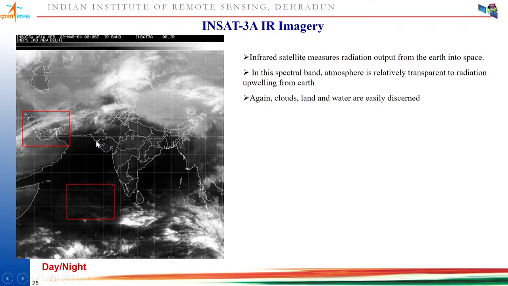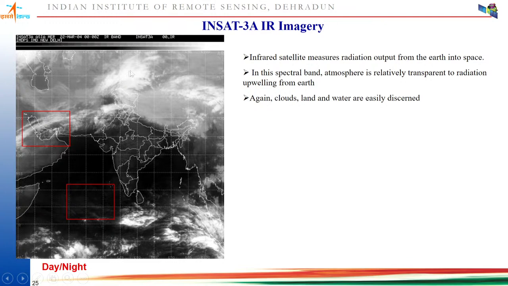But as we know, we have a visual tendency to see clouds in white color, so we invert this temperature image. It means the low temperature will look brighter and higher temperature will look darker. So now this is an inverted temperature image, or the emission image of the infrared imagery.